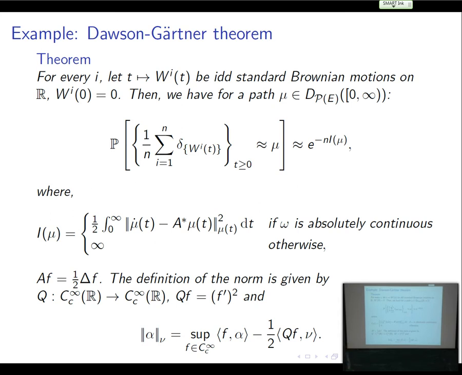So this is a well-known result, and it's already from the 80s. But now you might ask yourself the question, suppose that I look at different processes, and my main motivation here is discrete interacting particle systems, as Johannes looked at also. And the question then is, can we also prove such a theorem?